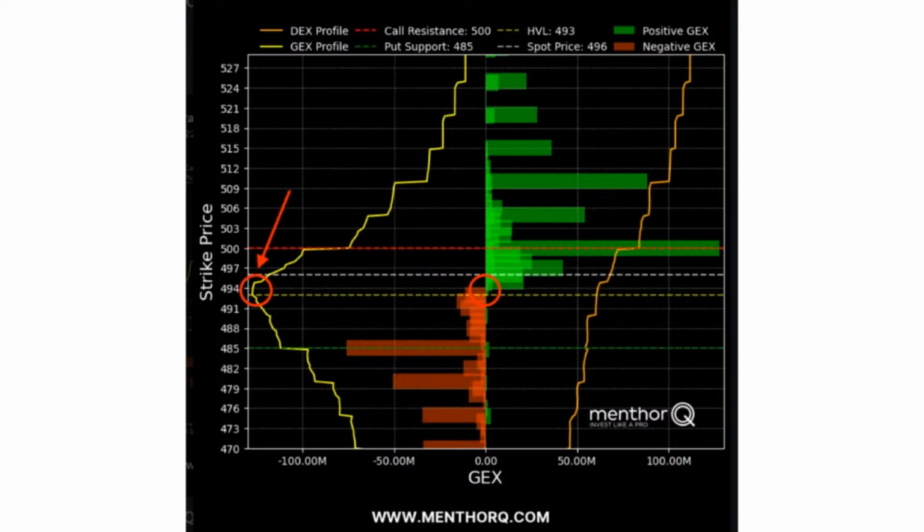So you see it here, we highlighted it in the circle and the arrow. You see that this curve gets to the top and then follows through there. So the slope changes from negative to positive, and that's the high vol level there.